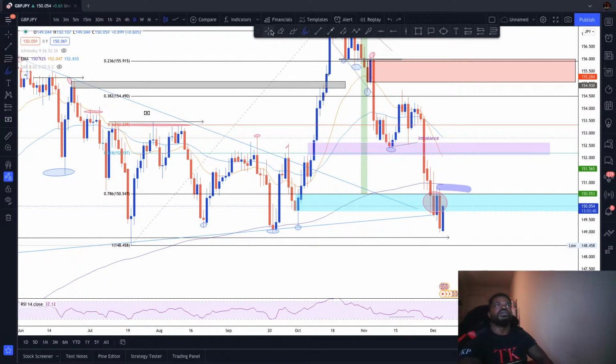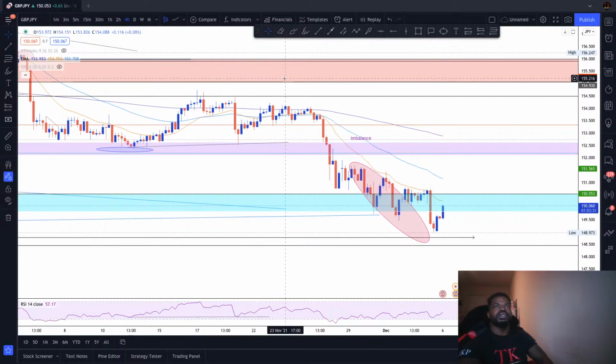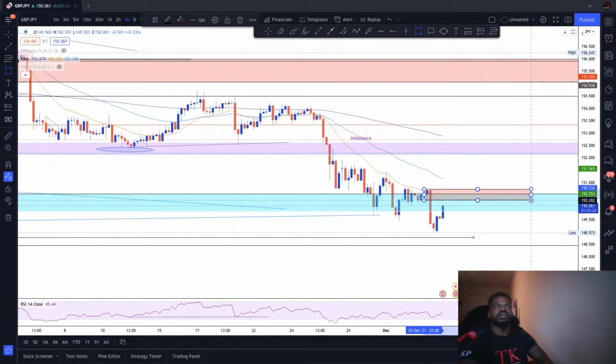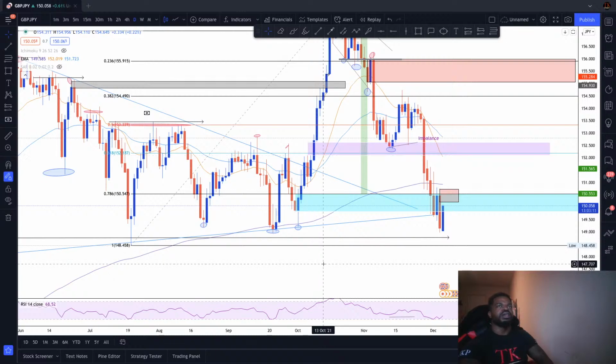So what we will do, let's see what happens in this structural level here. And let's find a possible target area.